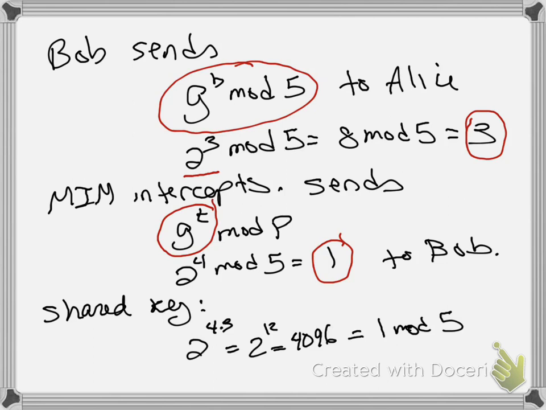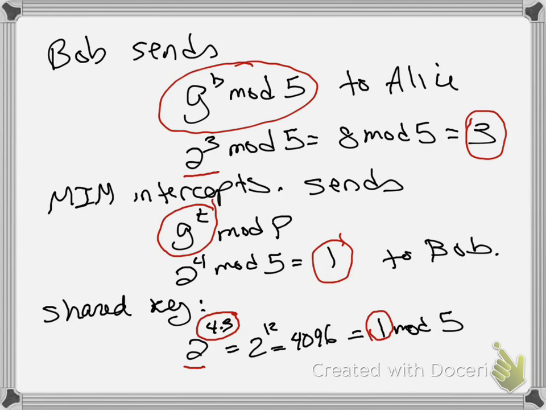And so now the shared key is going to be the generator to the power of the product of the two exponents. In this case, the exponents are b and t. So that's 2 to the 12th, which is 4096, which is 1 mod 5.